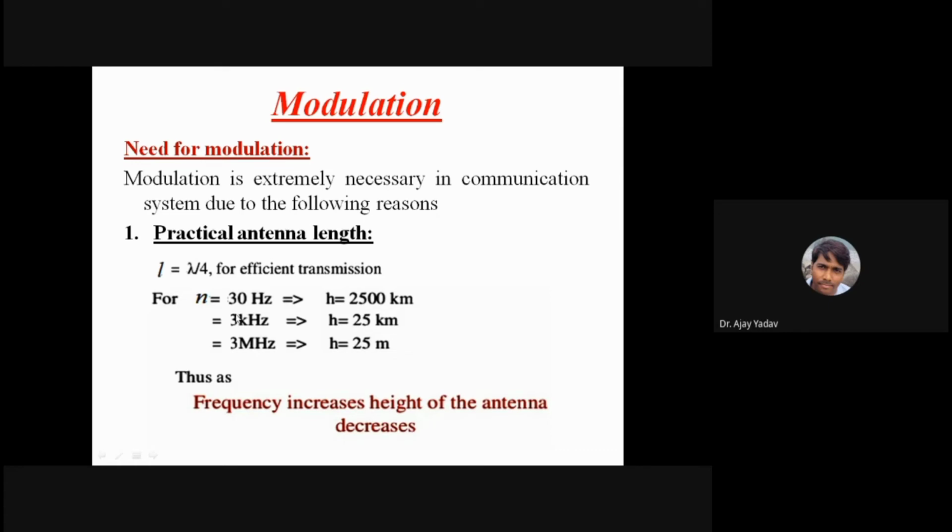If by some means you can increase the frequency to 3 kilohertz, then the length of the antenna required will be 25 kilometer. And if the frequency becomes 3 megahertz, the length of the antenna becomes 25 meter. Same calculation, I'm just changing the frequency of the signal, and the calculation will show you the height of the antenna goes on decreasing as you increase the frequency of the signal.